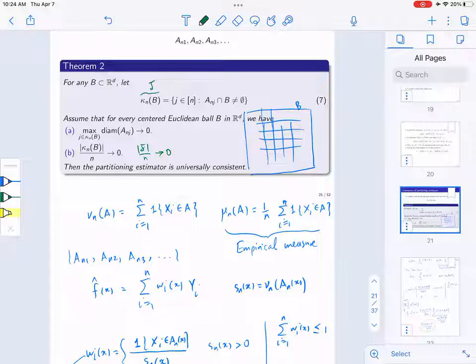The level sets of those are basically piecewise constant on cells. So they look like this, but the weights are sort of not uniform.